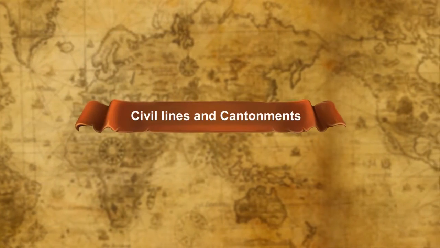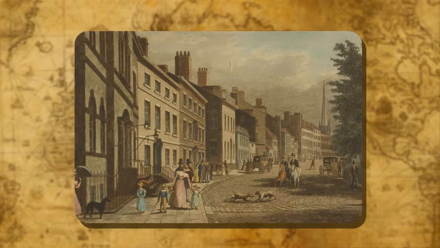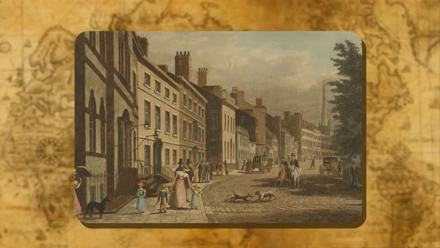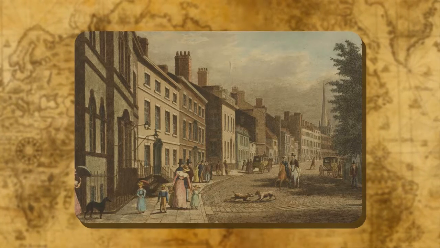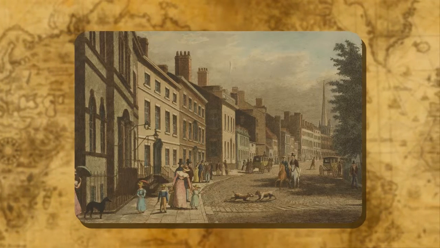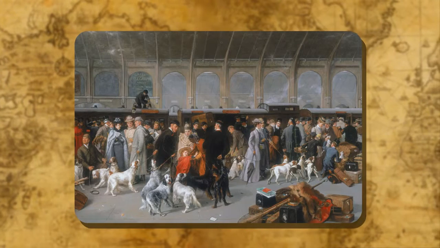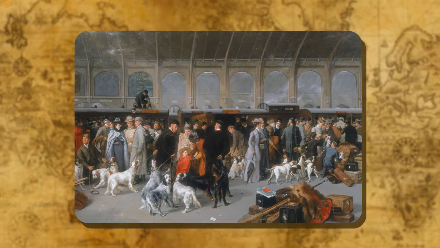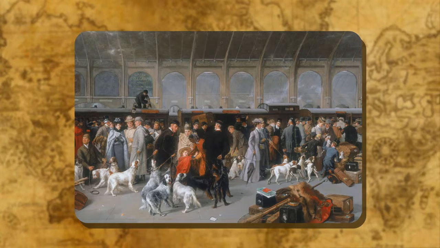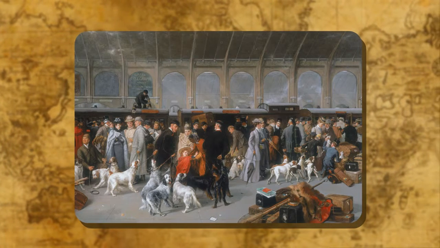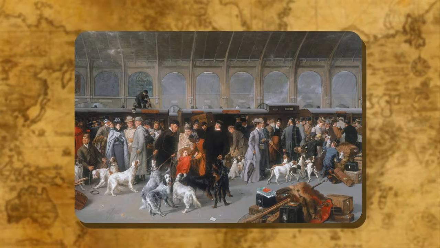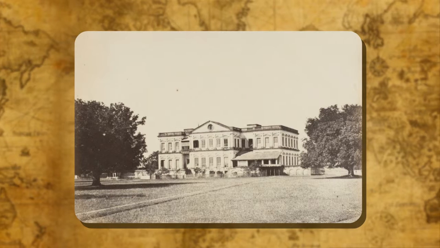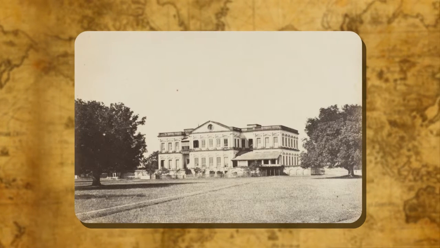Civil lines and cantonments. The urban landscapes of a large number of Indian towns and cities, which originated long before the arrival of the British, were modified during the British rule. The modifications were most noticeable at administrative centers of the British Raj: the provincial capitals, the district headquarters, and the tehsil-level administrative centers. The civil lines were a new addition to all big administrative centers.